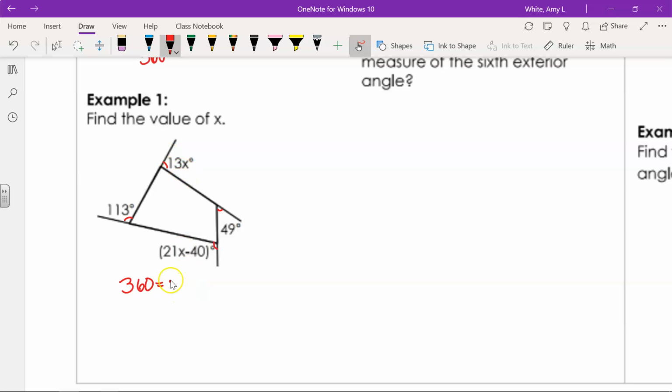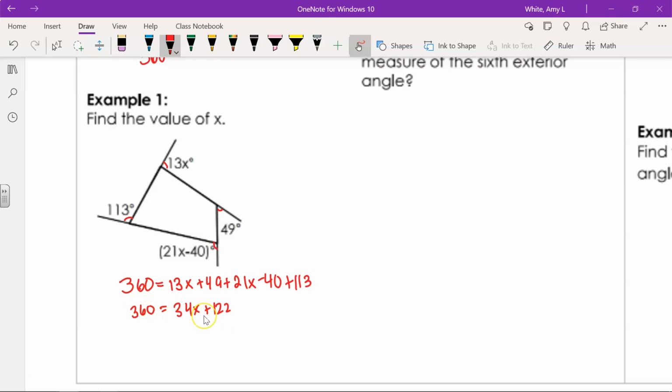So I can do 13x plus 49 plus 21x minus 40 plus 113, and that's going to give me 360. To solve this equation, I'm going to start by combining my like terms. So I have 13x and 21x, which is going to be 34x. Then I've got 49 minus 40 plus 113 is 122.